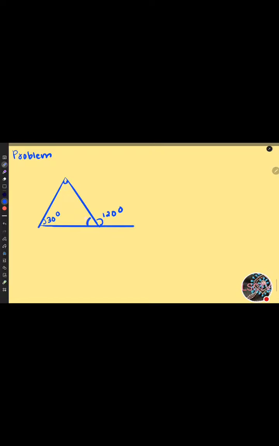Just find the measure of this angle. Simple. I'll give you 15 seconds. Okay, 20 seconds. 1, 2, 3, 4, 5, 6, 7, 8, 9, 10, up to 20. Now, simple. Use that property: 120 minus 30 is 90. X is equal to 90 degrees. Khatam, tata, bye.